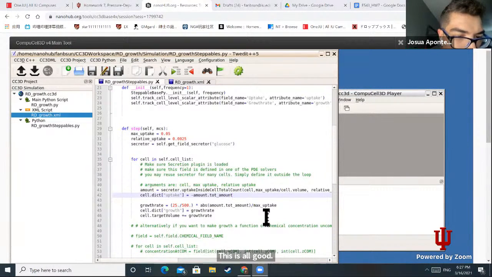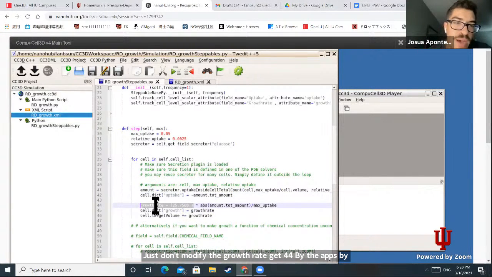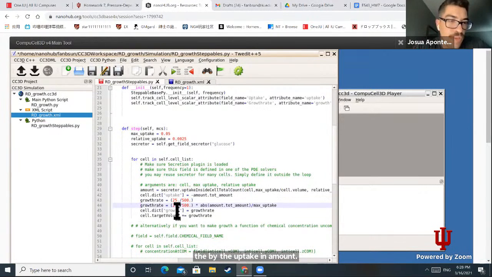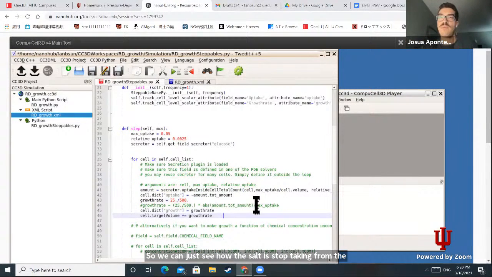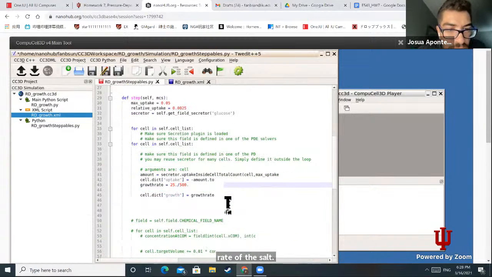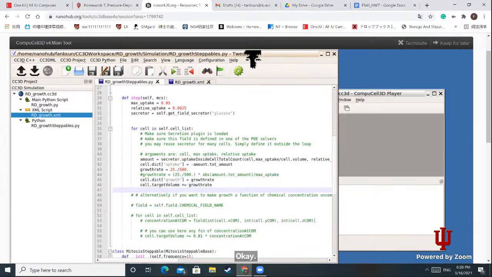Just don't modify the growth rate yet by the uptaking amount. So we can just see how the cell is uptaking from the field, even though the field is not modifying the growth rate of the cell. So you have to run that. Yeah, run the simulation now.